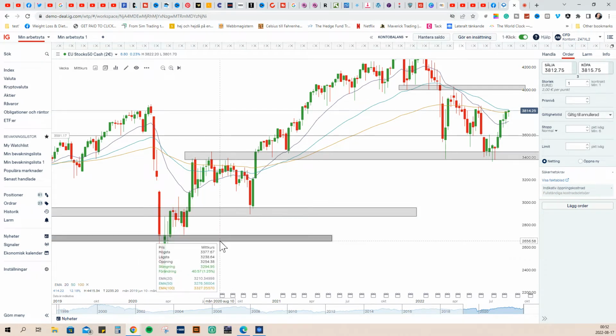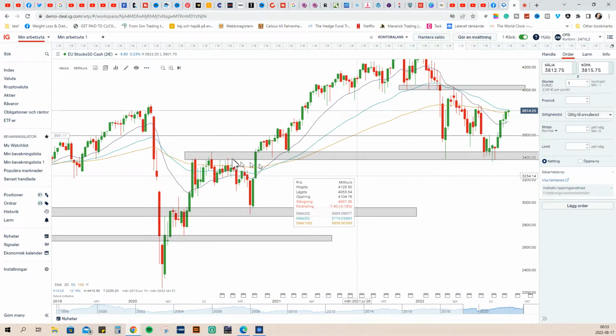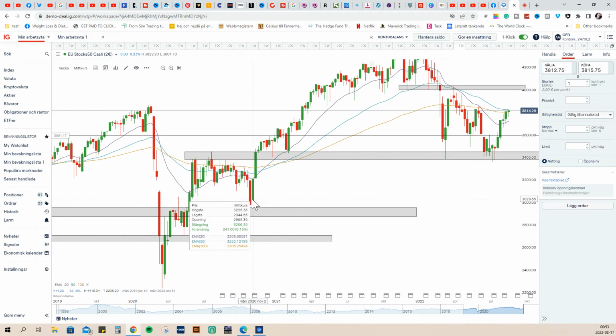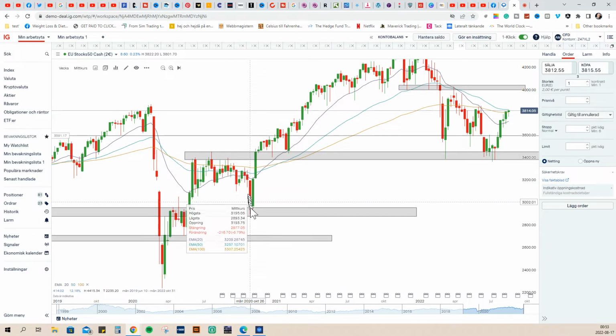It's very important that you draw these boxes, these value zones, long, because after 6 months, a year, or even 2 years later, this box is still value. You can see here we have the wick, and the price went down for half a year or so.